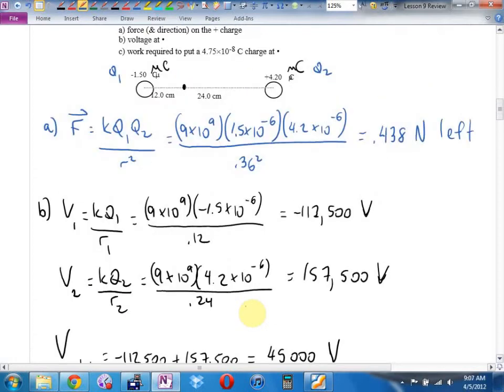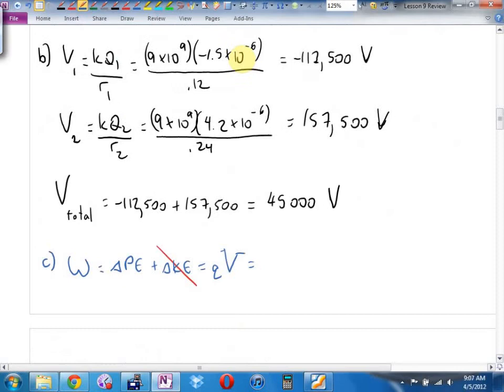Oh, it says 4.75 times 10 to the negative 8. I know what the change in voltage is because my initial is out at 0 and my final is 45,000. You know what my change in voltage is? It's 45,000.